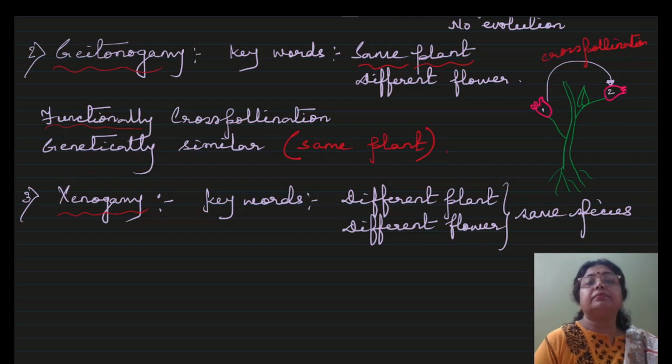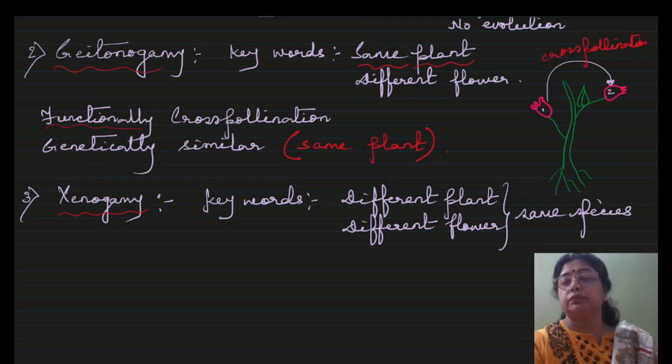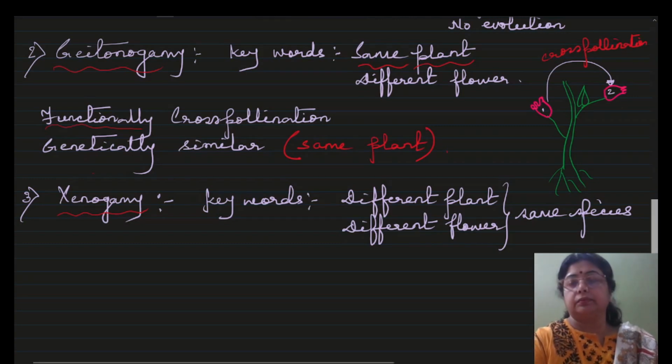So what will happen? If I show you, it will come like this. Suppose this is a plant, and these are the branches, and there is another plant of the same species.